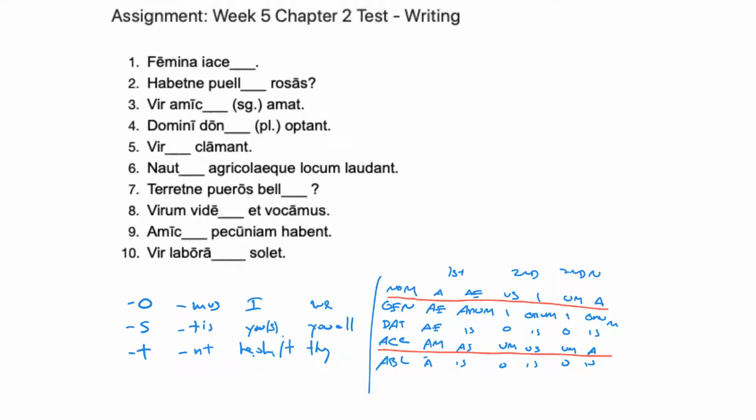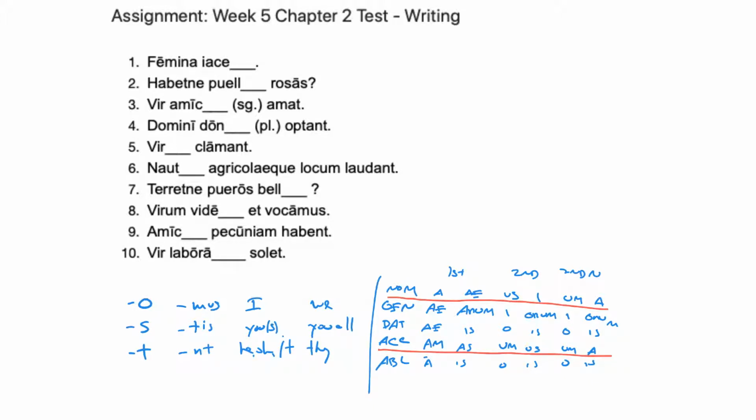So what that means is we're dealing with these verb endings on the left. The verb endings correspond to the subject. The subject is generally the doer of the action. And because we're dealing with femina, that's a third person subject, that's going to determine what your ending is going to be. So you need that third person singular ending to complete that sentence.